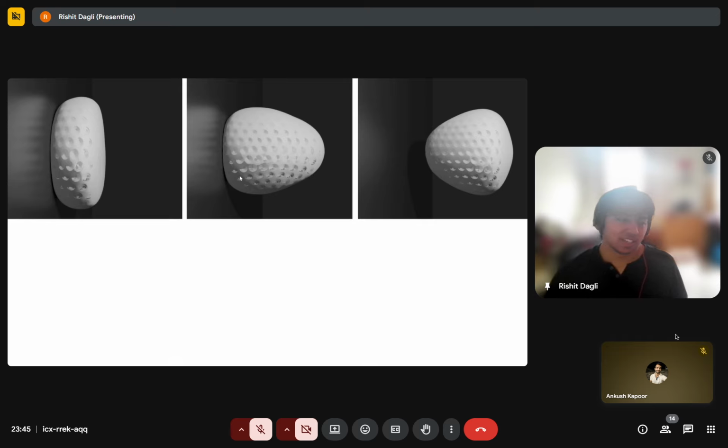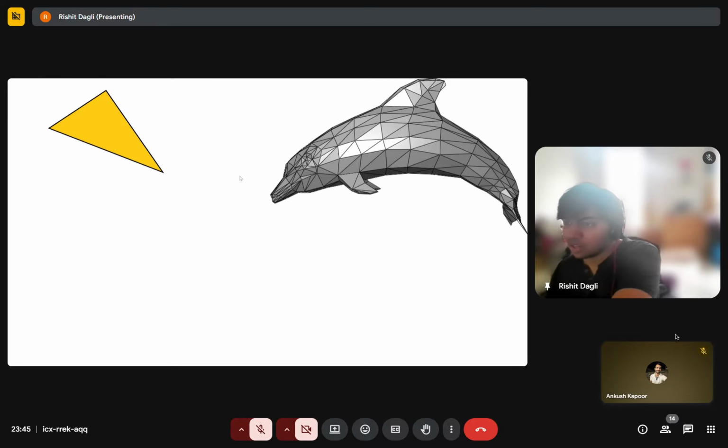No. For instance, one way to put some structure in is if you represent everything with triangles. So you can have stuff like this where the dolphin is a bunch of triangles. That's one kind of structure.